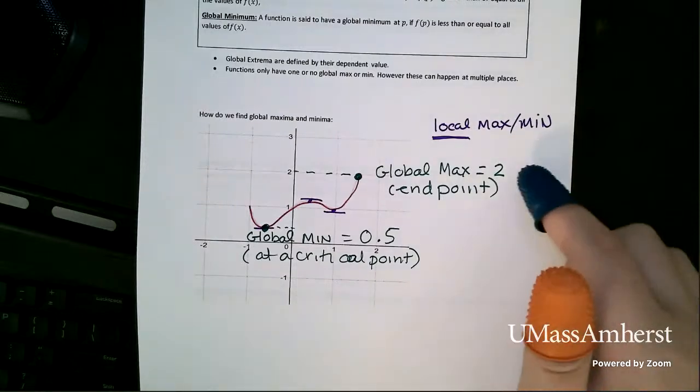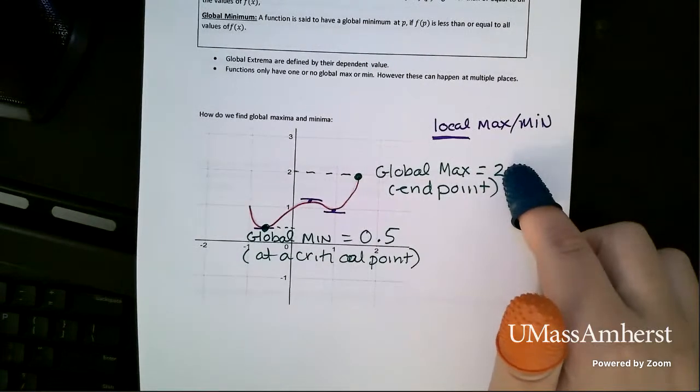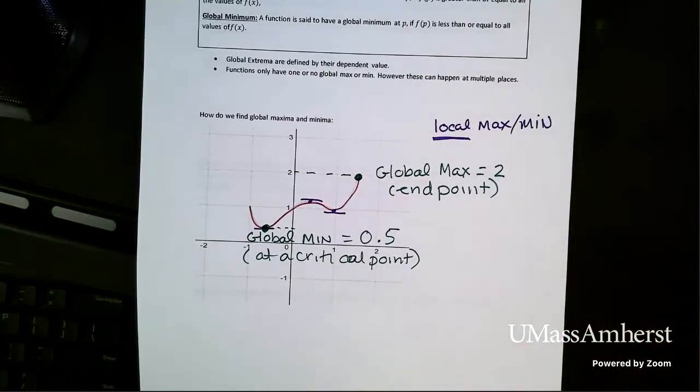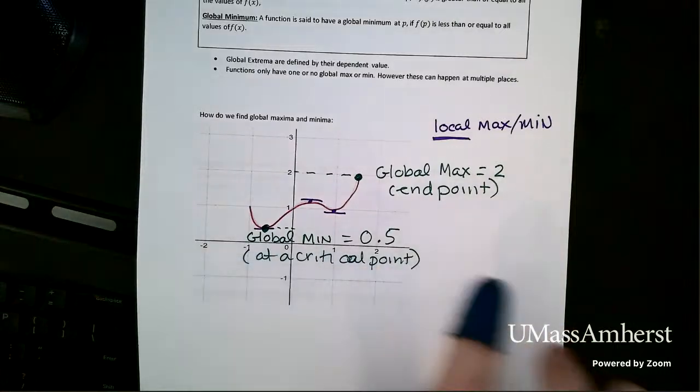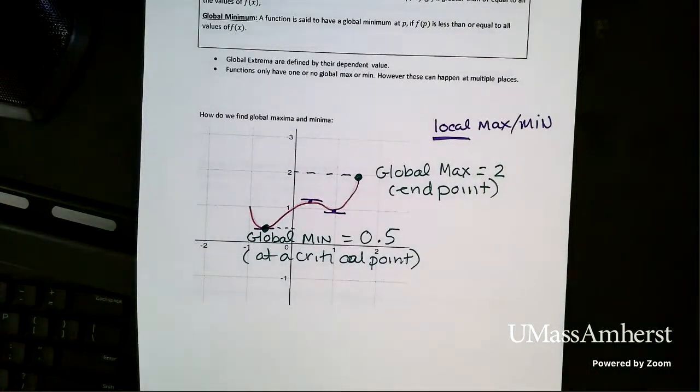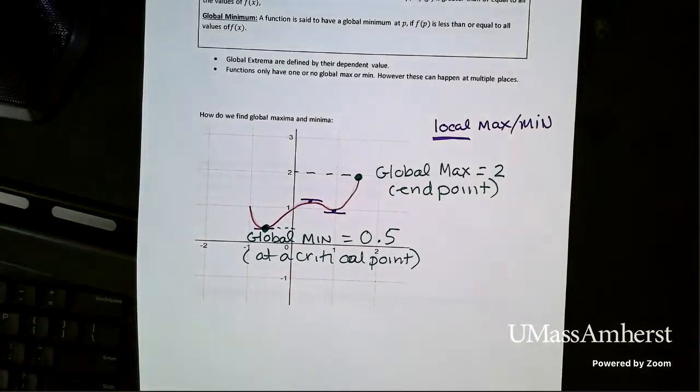So even though I'm pointing out here the global max is 2, the global max is 0.5, I would say 80% of the time, that's what we're doing. Occasionally, the question will ask you, where does the global max happen? And if it asks you where it happens, it's looking for the x value. If it asks you what is the global maximum or minimum, then we're looking for the y value, okay?